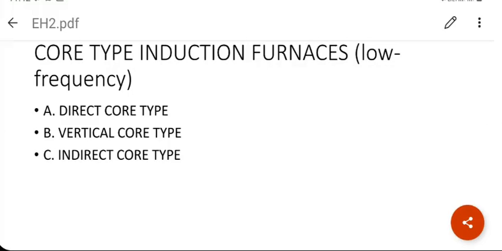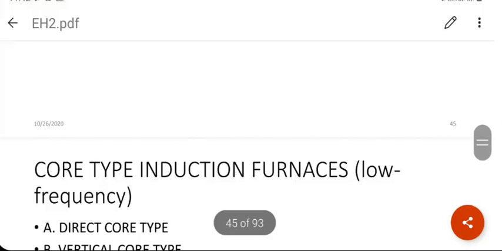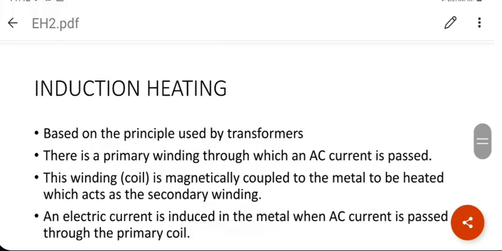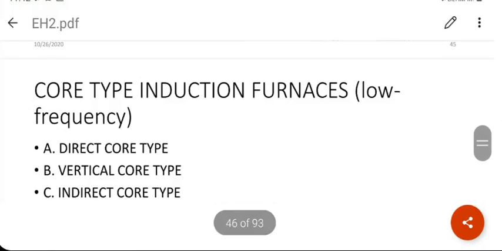Now, in transformers, we always use a core to put the windings. In induction heating, we may or may not use a core. There are pros and cons. Coreless type induction furnaces are also available, and core type are also available. And core can be vertical, it can be in many different orientations.